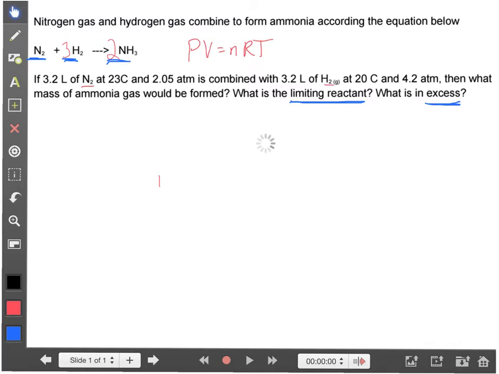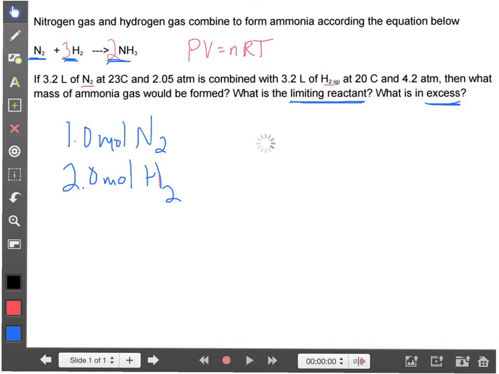So again, going back to an example in class, if I told you I have 1.0 moles of N2 and 2 moles of H2, and I'm trying to figure out how much NH3 I can form, all we have to do is look at the ratios.